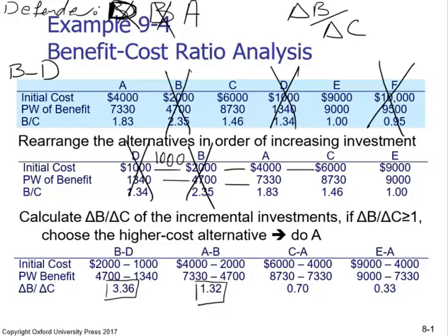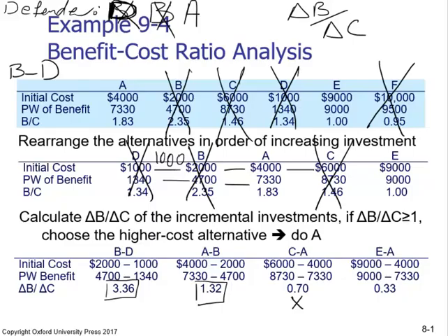As you can see, C minus A, 8,730 minus 7,330. The ratio is not good. So it means that C lost to A.